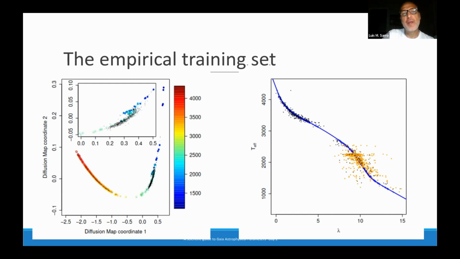You see there is a wiggle here. Most of the diffusion map is rather smooth. It's nice, so temperature goes along the parameter lambda, which parameterizes this curve. Here we have this wiggle where a significant change in effective temperature of several hundred Kelvin results in hardly any change, or very subtle changes, in the RP spectrum.